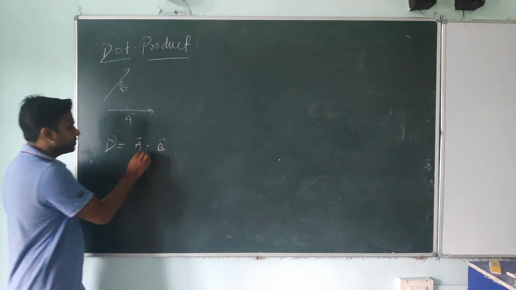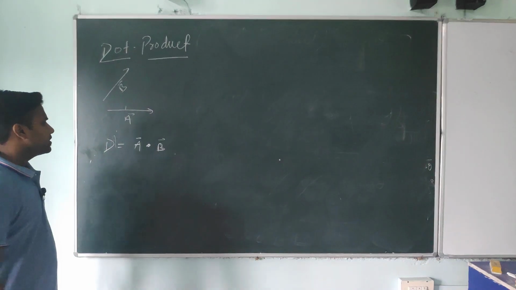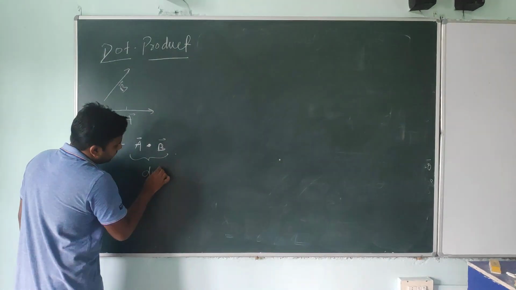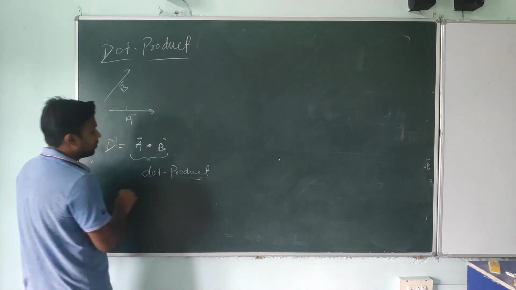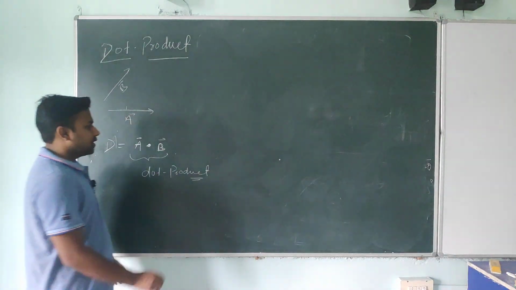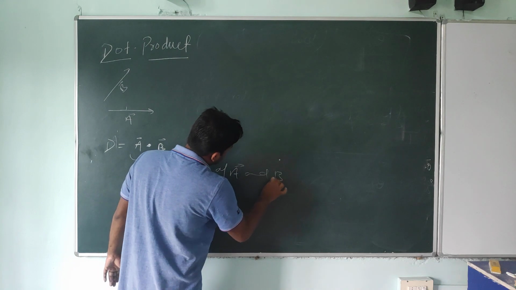Look at this. This one is the dot. It's a way of representation of dot product. It means you are taking the dot product between a and b, or dot product of a vector and b vector.